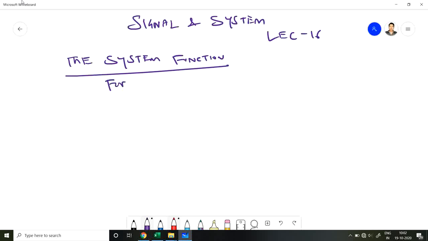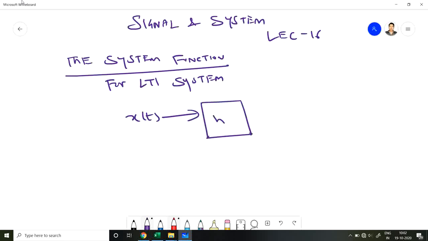So for an LTI system, if x(t) is the input and h(t) is the impulse response, then y(t) is related to x(t) by convolution with h(t).